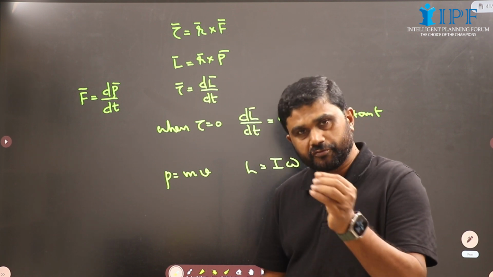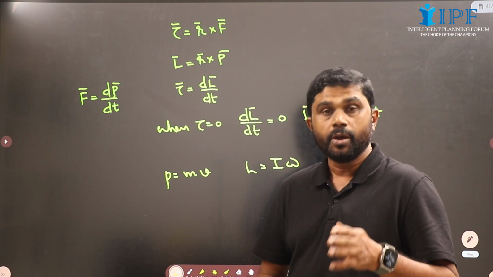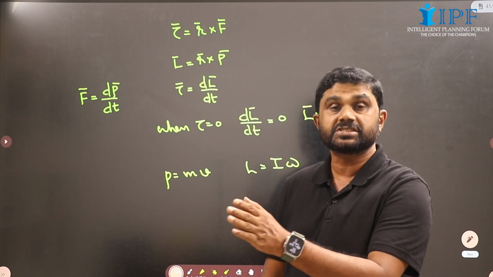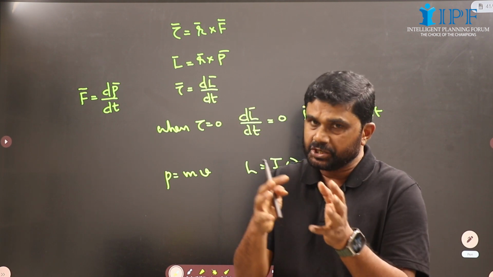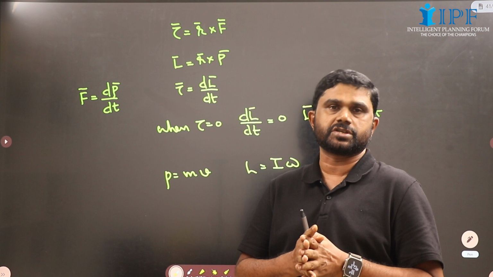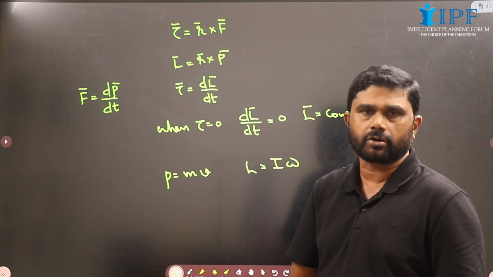Moment of force means r cross F, where r is the position vector. Moment of linear momentum means r cross p, where p is the linear momentum vector. So moment of a force, r cross F, is the torque.